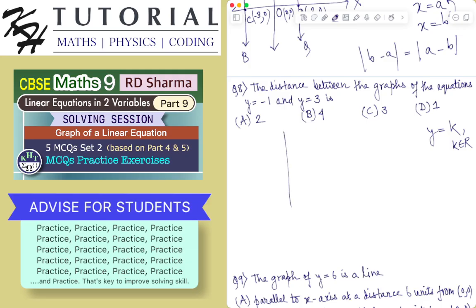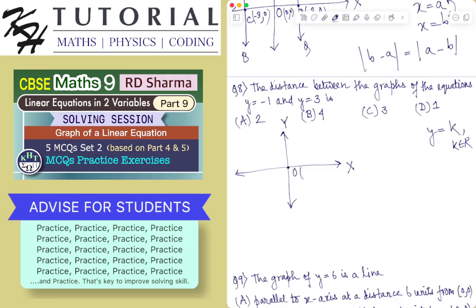Okay, so let's say this is the Cartesian plane, that is the y-axis and x-axis. Now y equals -1 will be a line parallel to the x-axis and at a distance 1 from the origin, but below the x-axis, because it is -1.